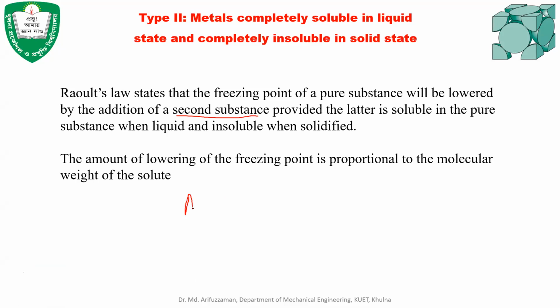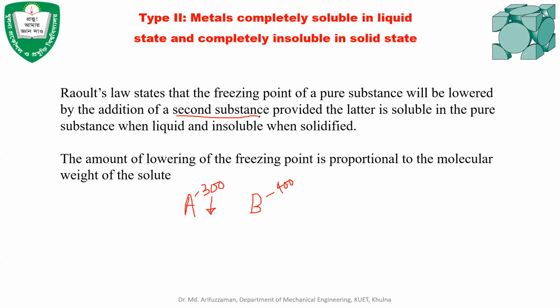That means if we have substance A and substance B, and we add substance B to substance A, then the freezing point, let's say the freezing point of A is 300 degrees Celsius and the freezing point of B is 400 degrees Celsius. In that case, when we add metal B to metal A, then the freezing point of A will decrease.